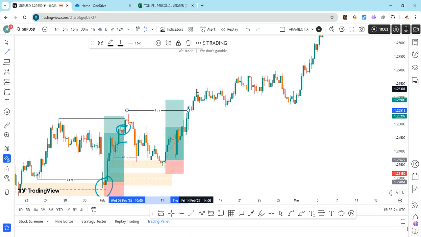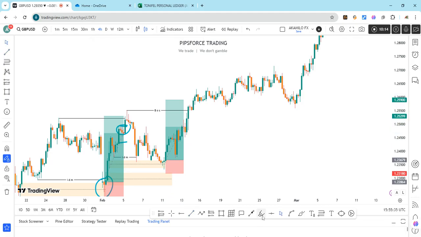When price gives this high, it fails to come and take this leg here, which is an inducement. This is the high that was given first, and we'll be expecting price to come and take here, which is going to be an inducement, right?